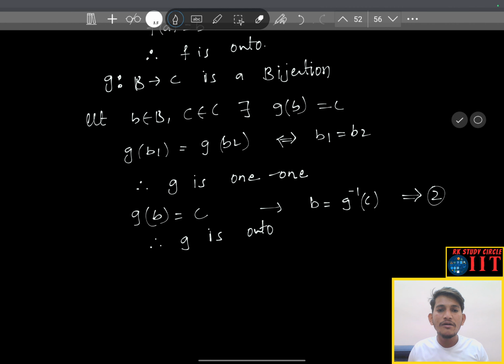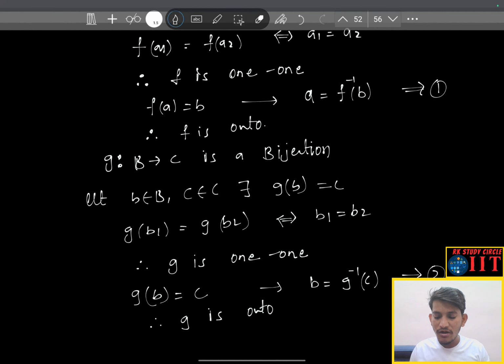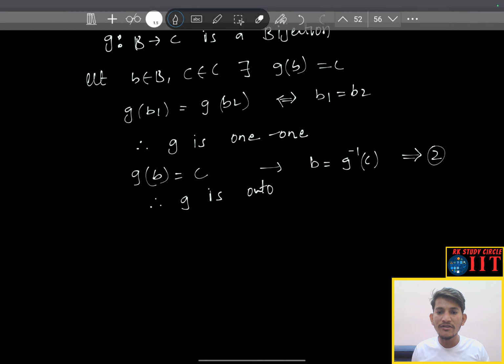So we have defined that function f is a bijection and function g is also a bijection. In order to say a function is a bijection, it must be both one-one as well as onto.